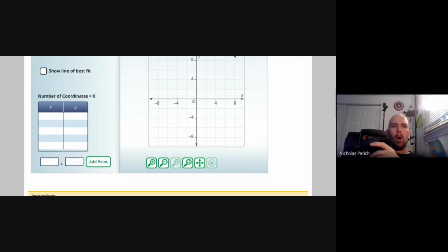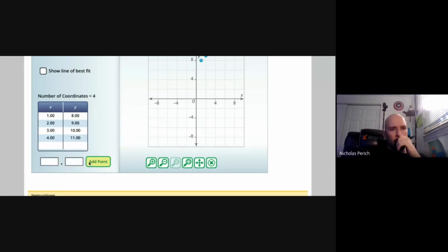My points were 1, 8, 2, 9, 3, 10, 4, 11. Show line of best fit, and it tells me that y equals x plus 7. And it graphs it for me too. How nice.